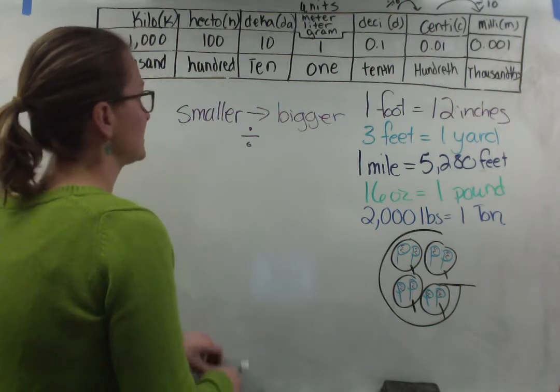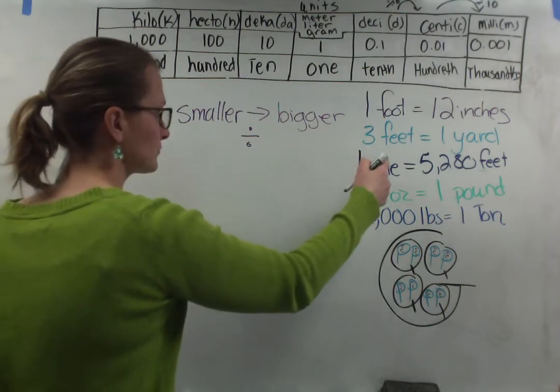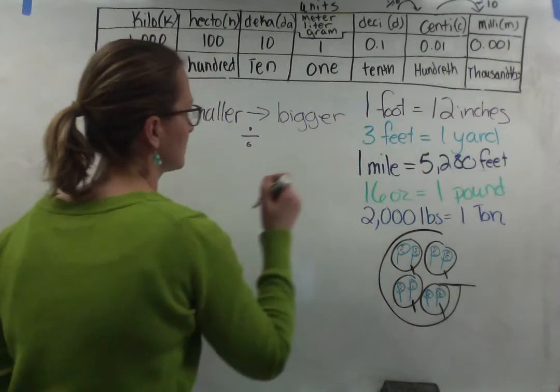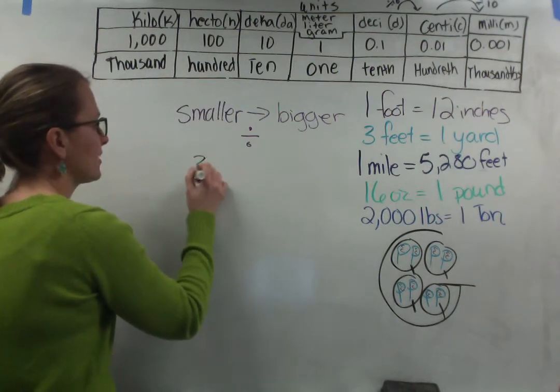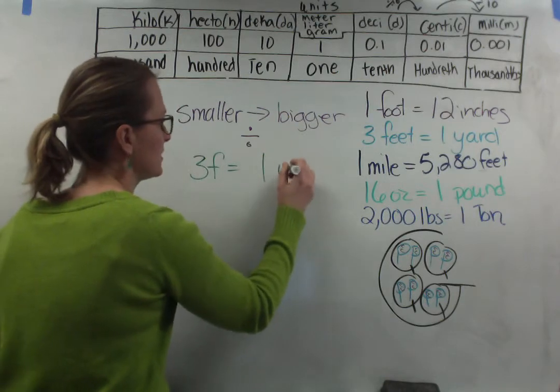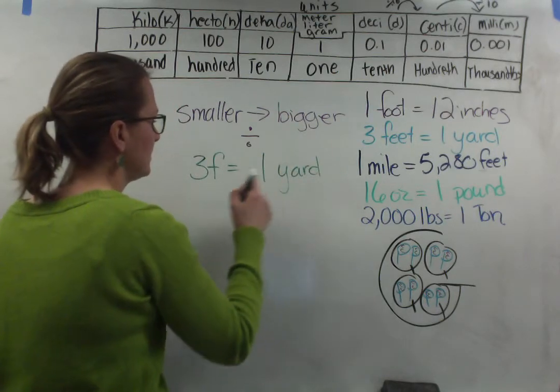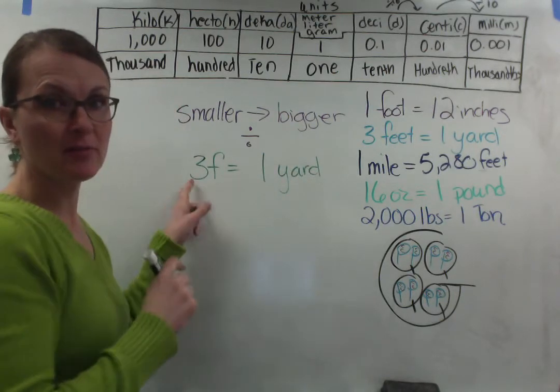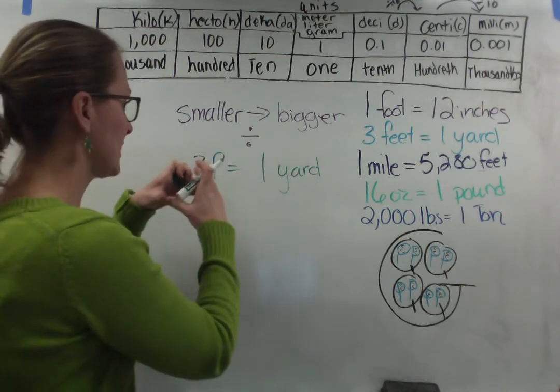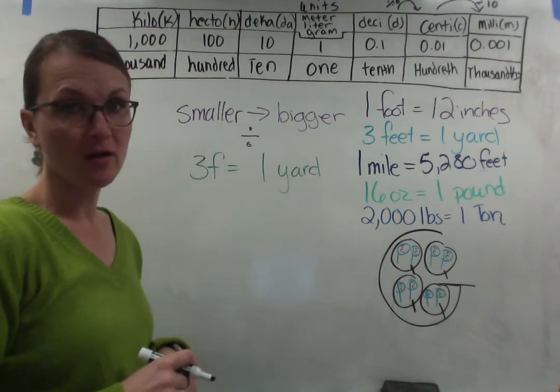So in that case, if we had feet and yards. If we have 3 feet equals 1 yard, right? So we're taking the smaller measurement of feet and we're putting it into groups of 3 in order to make a yard.